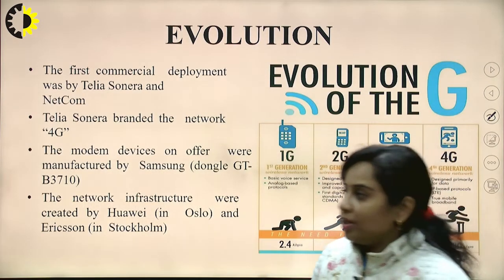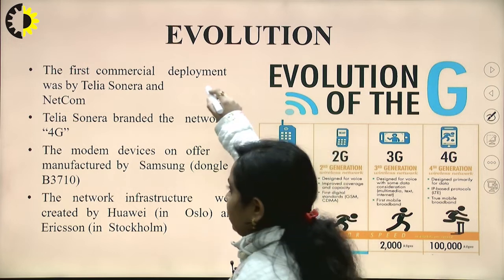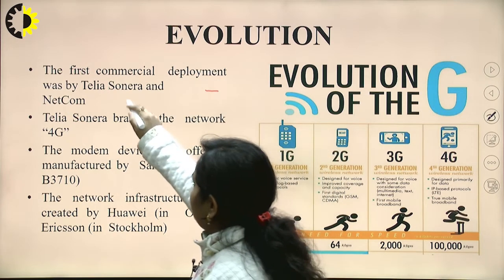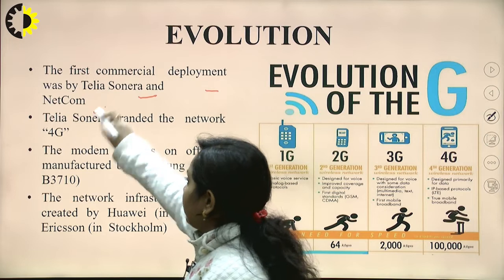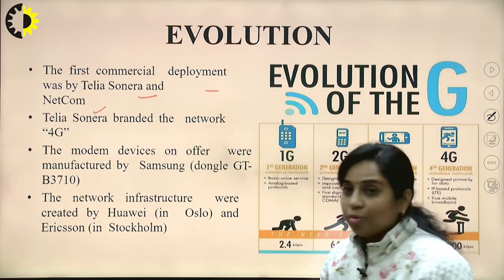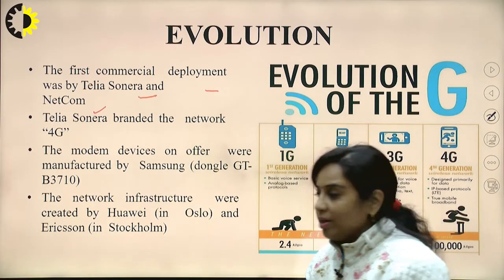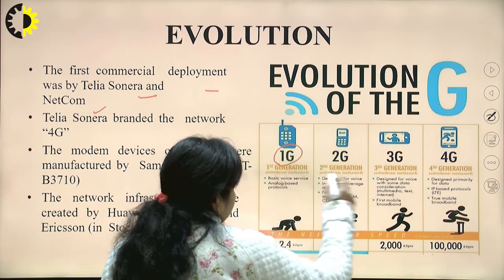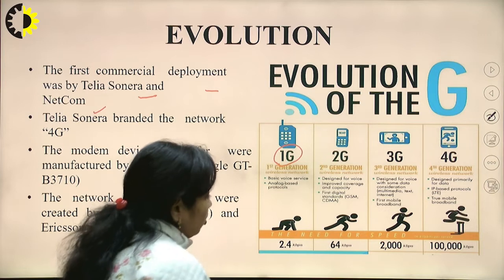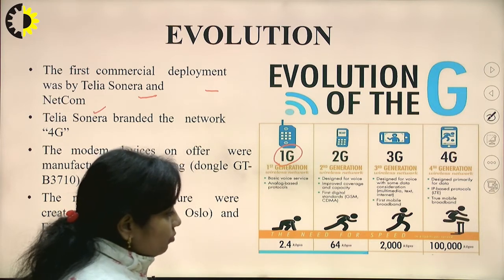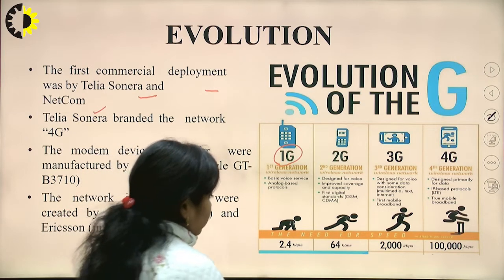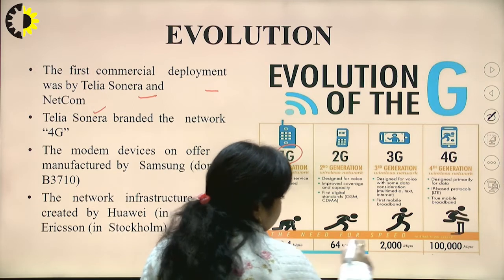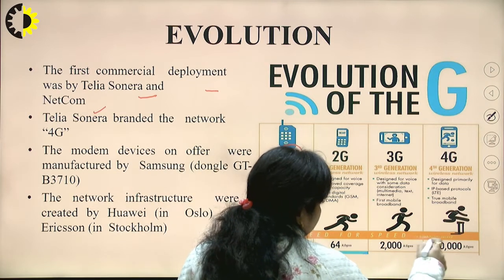Now, the evolution: the first commercial deployment of this 4th generation networking was done by Telia, Sonera and Netcom. Now you can see in this picture 1G, 2G and 4G. This is the evolution of the different generations. You can see the need for speed in kbps.